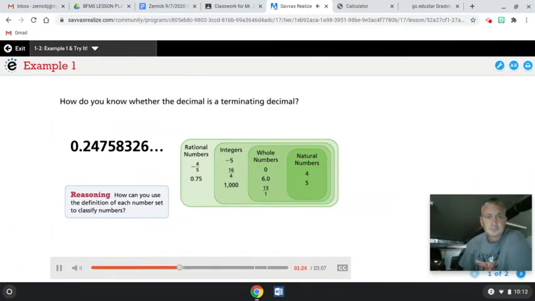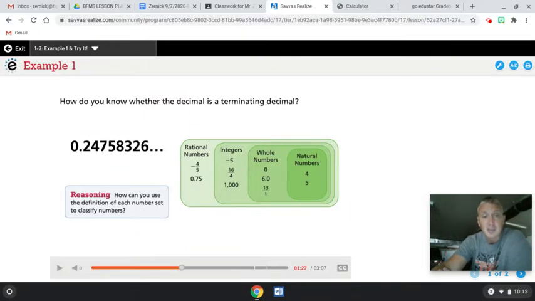Is the decimal a terminating decimal? How do you know? So notice in this case, guys, that this decimal is not repeating. It's non-repeating. And these 3 dots indicate that it's non-terminating. That means it will go on forever. These 3 dots are the indicators that something is non-terminating, which makes it an irrational number.